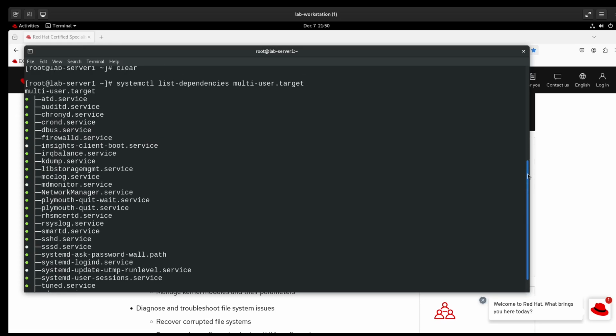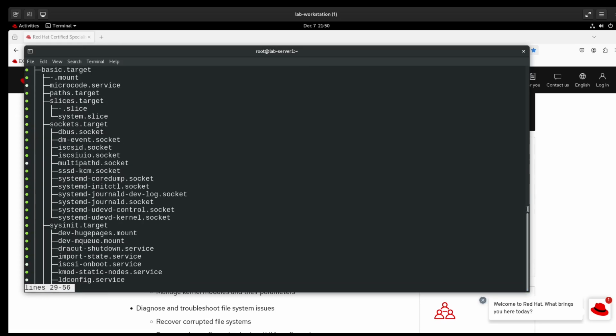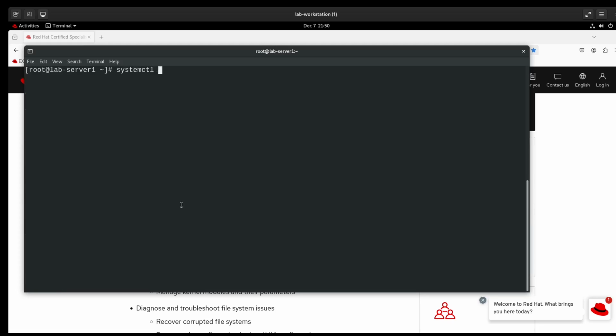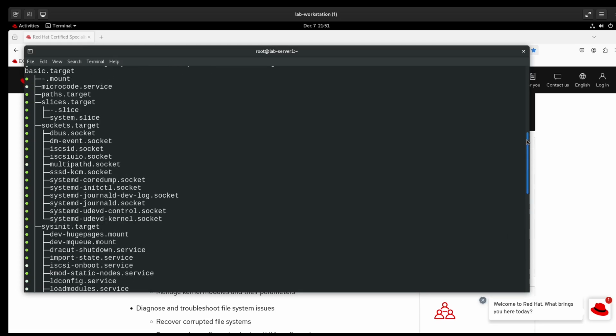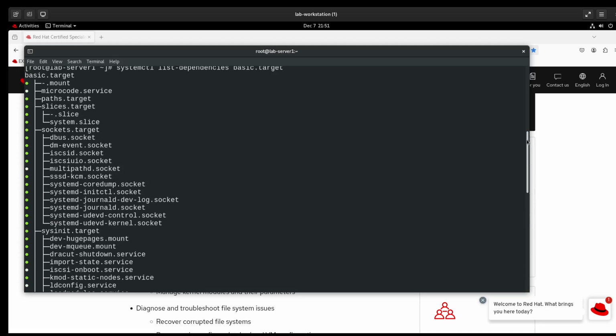And I think one of the dependencies for this is basic.target. So let's take a look at what the dependencies of basic.target are. Clear my screen here. systemctl list-dependencies basic.target. See if there's anything that would be, probably sysinit.target.